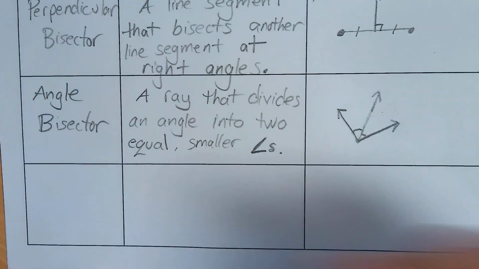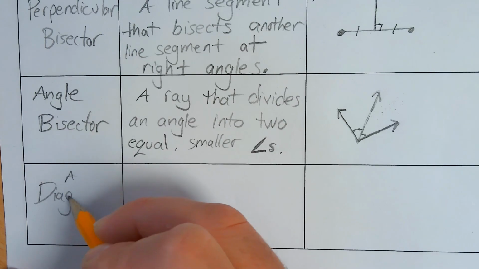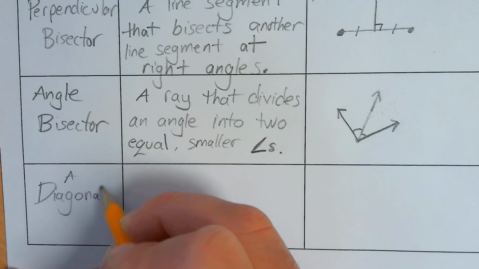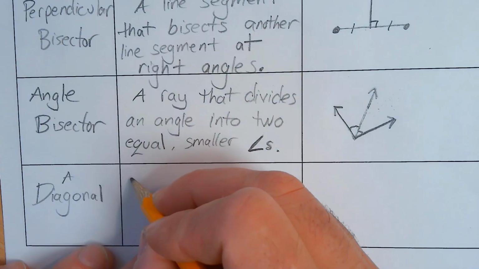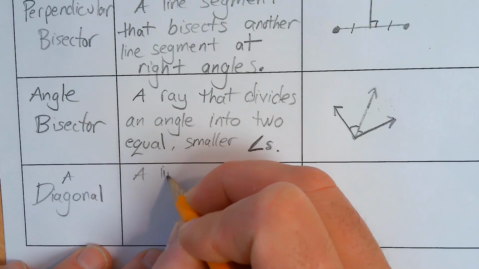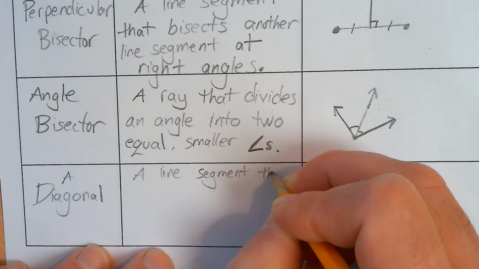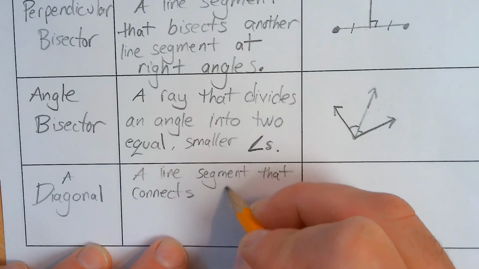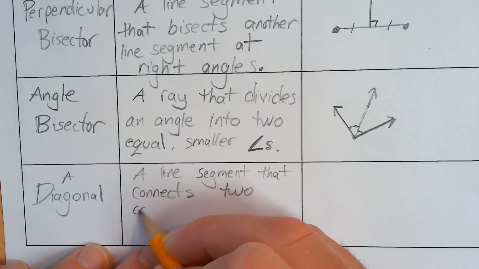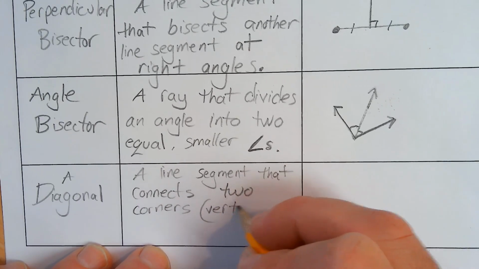And lastly, hopefully no dramatic fail this time, we will do diagonal. A diagonal is a line segment that connects two corners, which are called vertices.